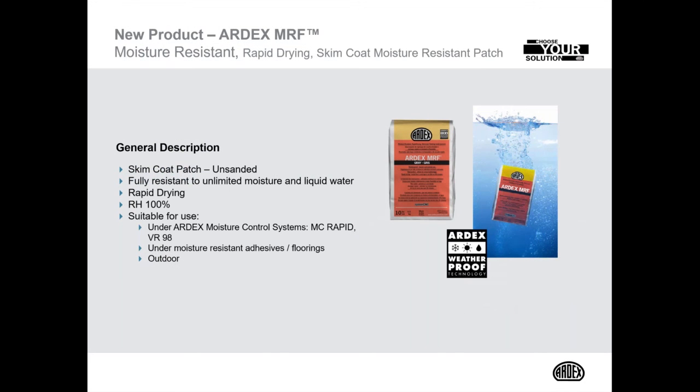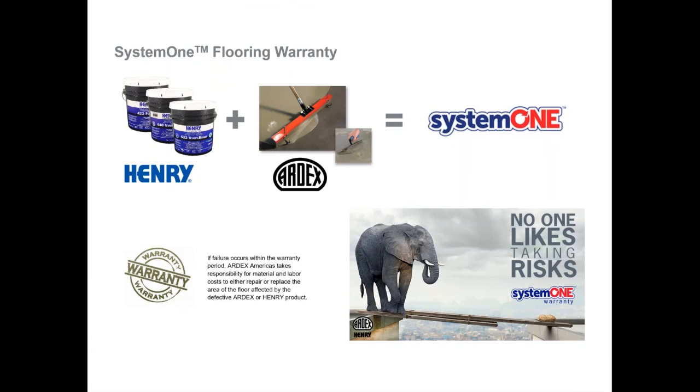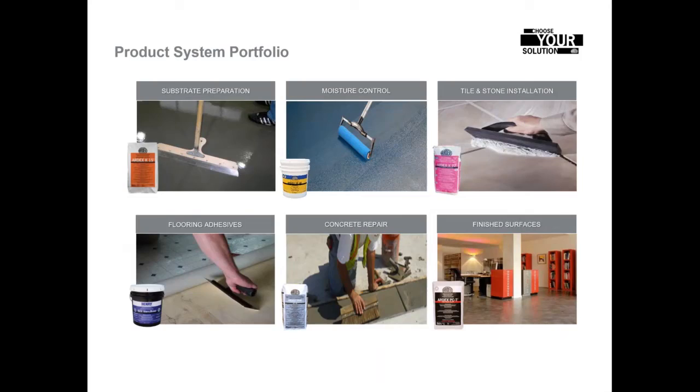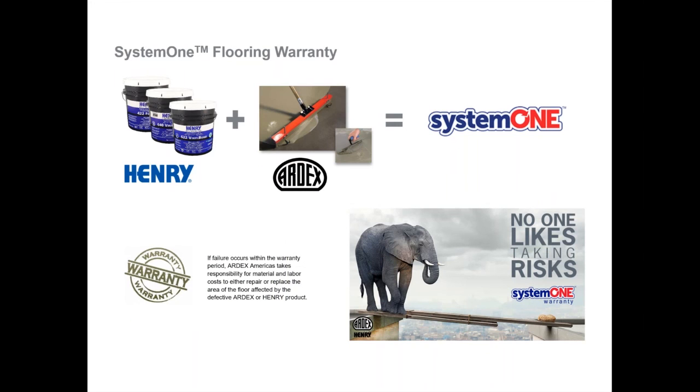In essence, I also want to make known to you, if you don't know that, going back to the acquisition of Henry, we created System 1, where we took Henry Adhesives and ARDEX patch and leveling products and created System 1. 20 years using system products together.